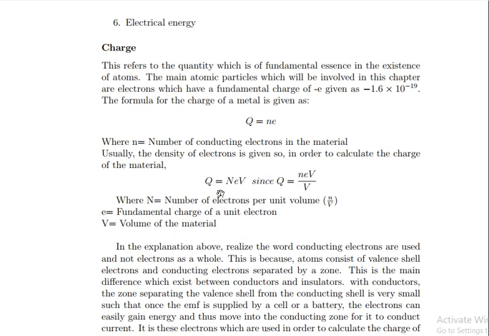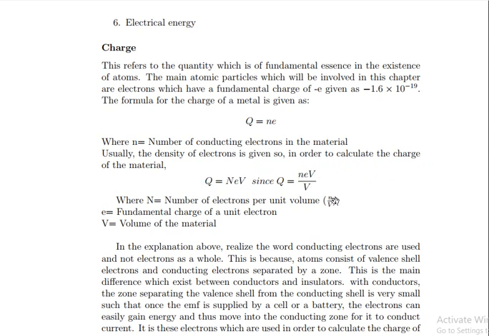So now, N here is the number of conductive electrons in the material. At times we can be given the number density of electrons. So Q will be equal to N, which is going to be small n over big V, times V. Because of the big V over big V, this is going to cancel.